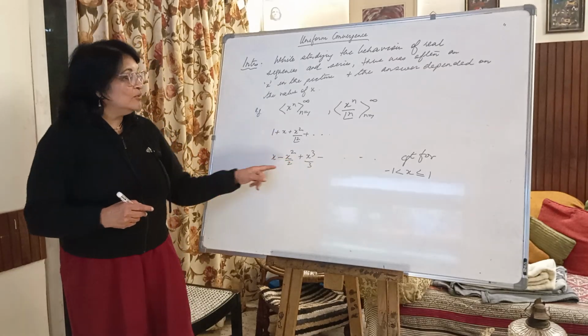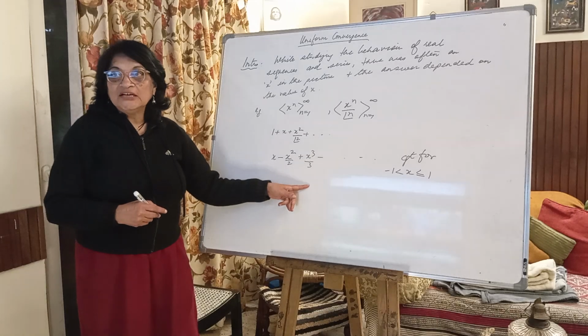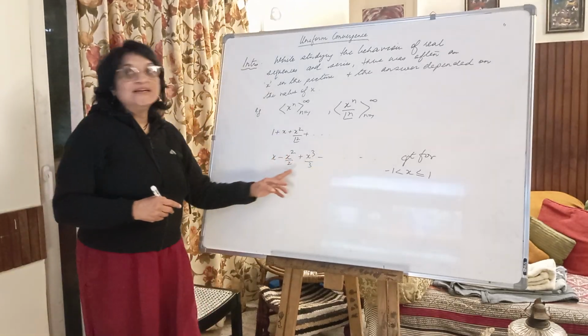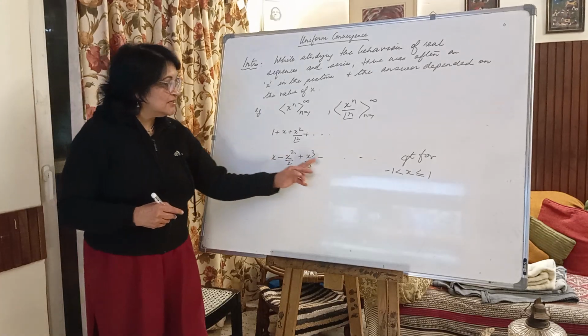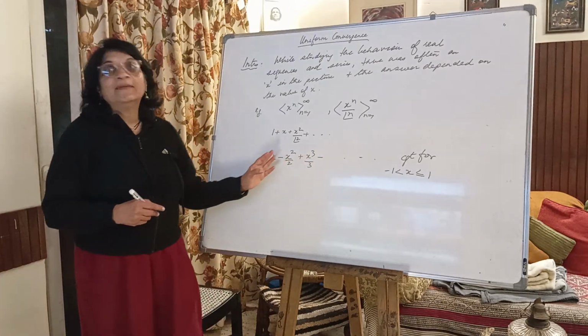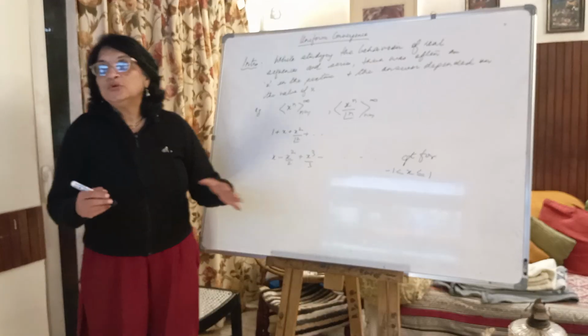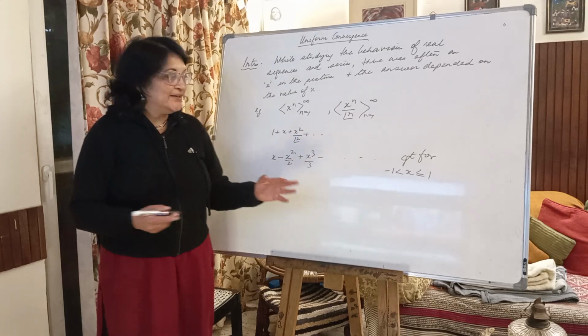We found that it converged for 1 by Leibniz's test for alternating series, but it didn't converge at all for x equal to minus 1, because then all signs become minus. So it becomes sigma minus 1 by n, which is divergent. You don't have to remember exactly when they converge. We're going to do it again.